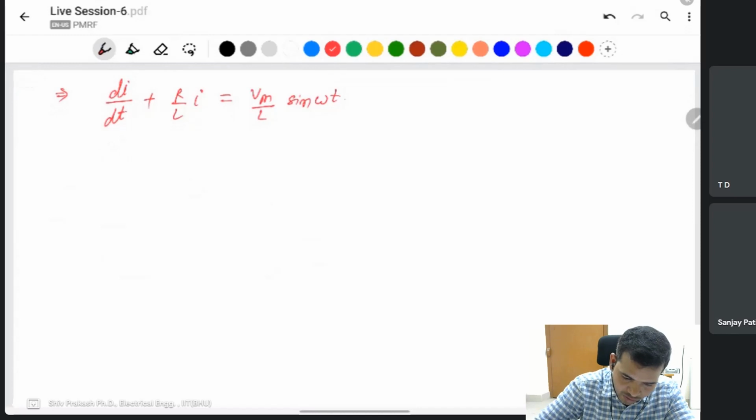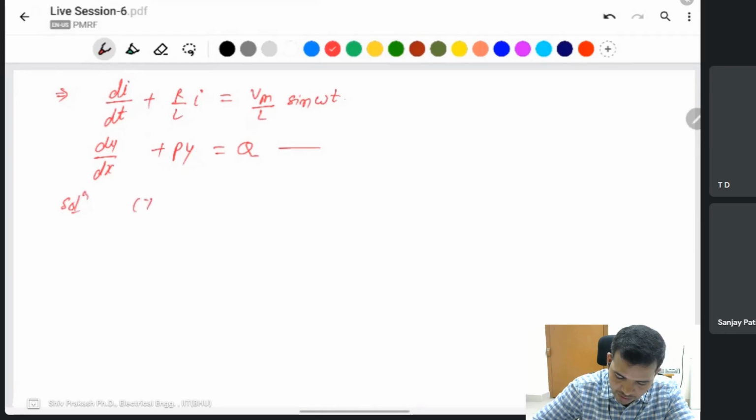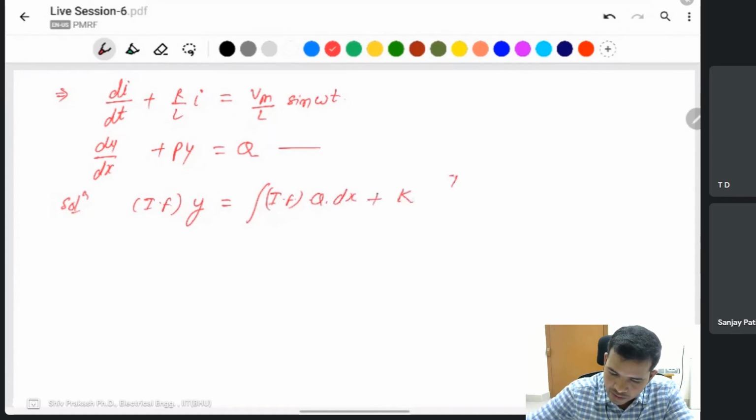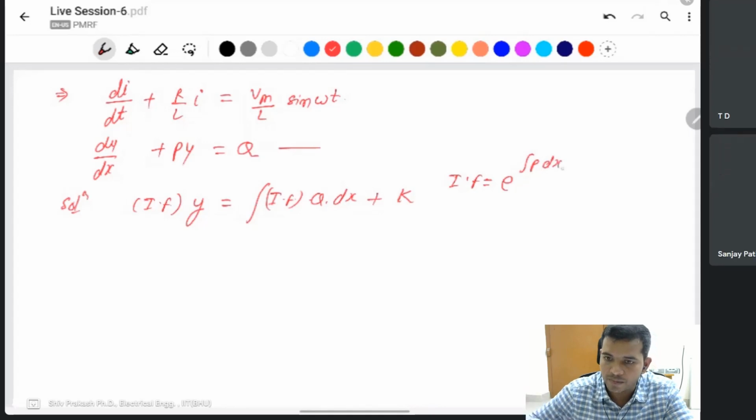You can solve this one by dy/dx plus Py equal to Q type. You know about this one, the solution is integrating factor into y equals integration of integrating factor into Q into dx plus some constant k, where integrating factor is e power integration of P dx.